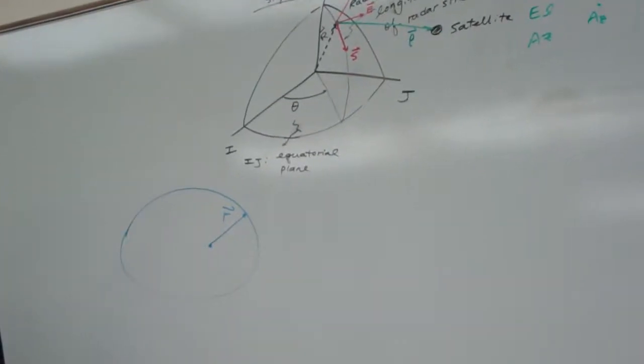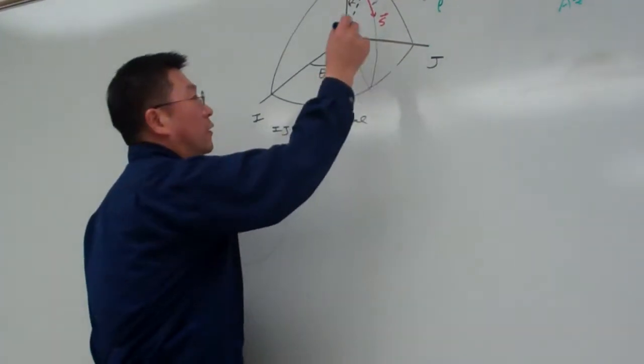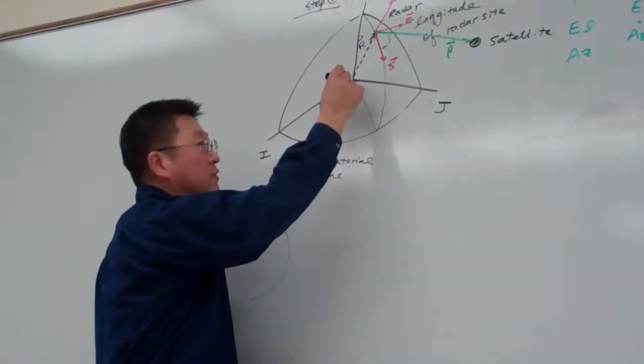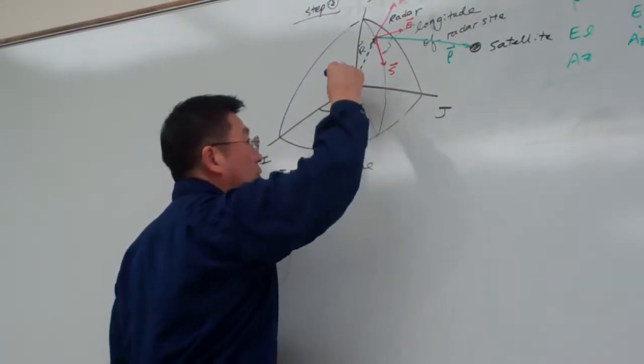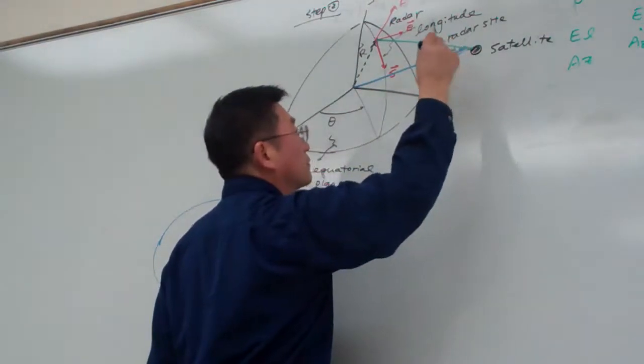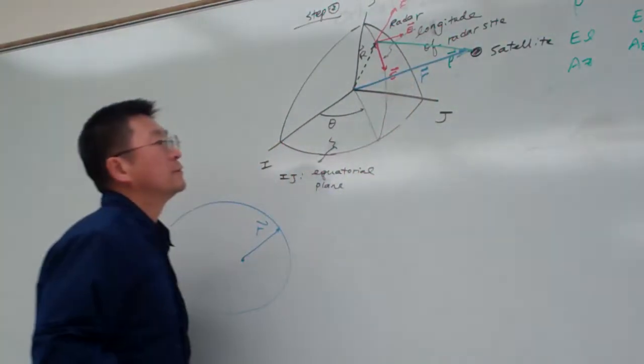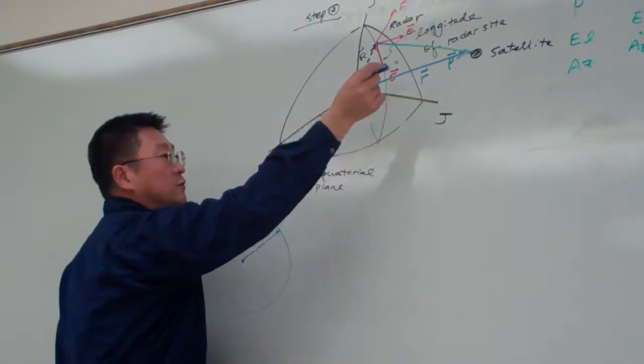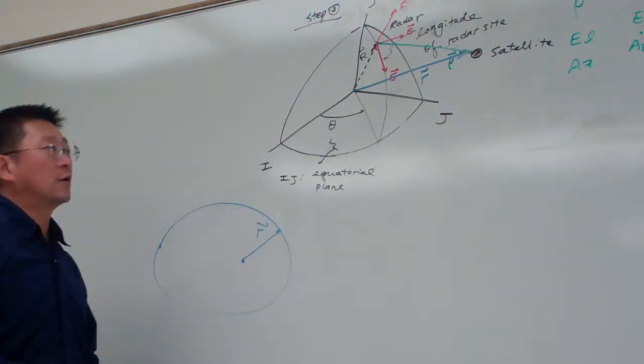In terms of this terminology, which is R? R is this one. From the occupied focus, which is the origin of this one, measured to here. So this is R. Are we okay? We measure from the center of the Earth to the location of the satellite, that is R.